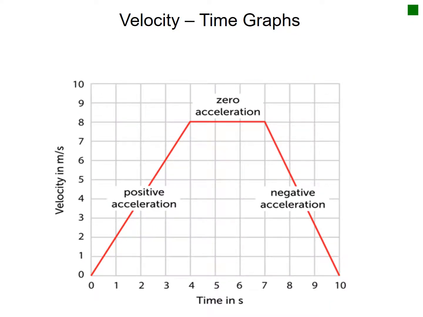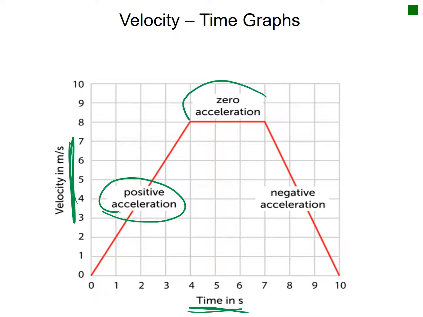Okay, velocity time graphs. We're not going to spend a lot of time on that in this section. We'll go over more in class. If you have a positive slope, you've got positive acceleration. If your slope is equal to 0, you have 0 acceleration, but please realize that the object is still moving.